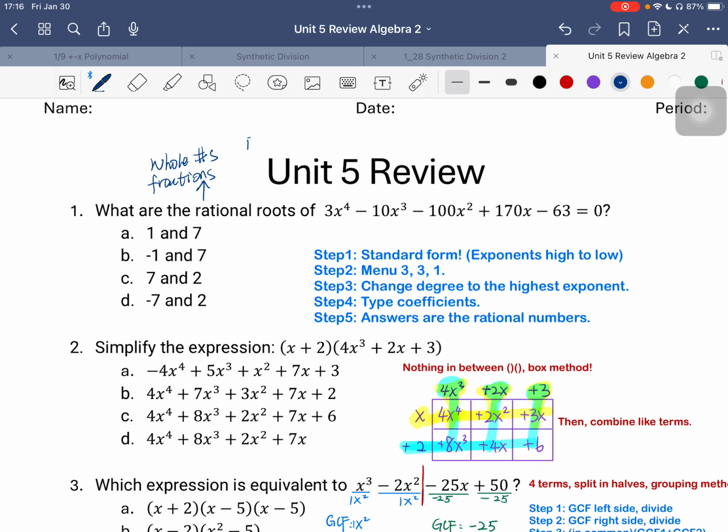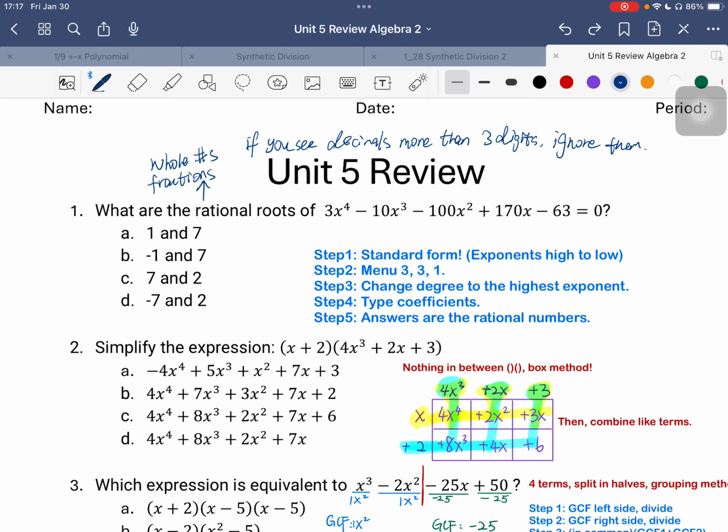If you see decimals more than 3 digits, ignore them. So for this answer, you guys can see I only need whole numbers. I don't even need a fraction.